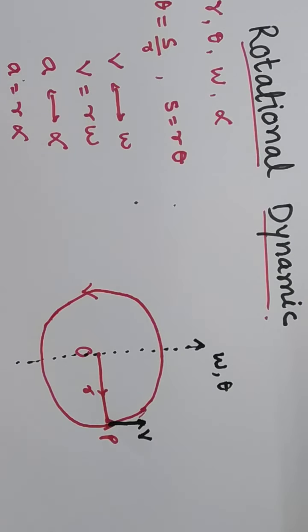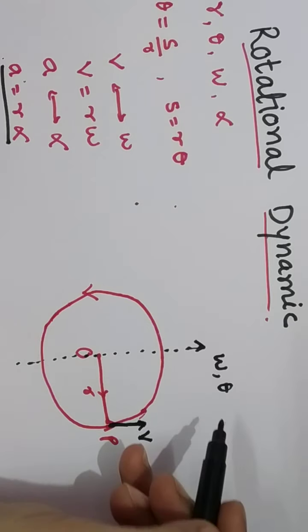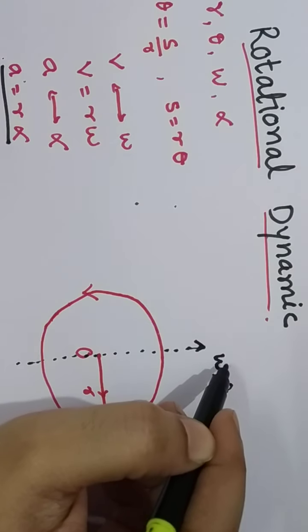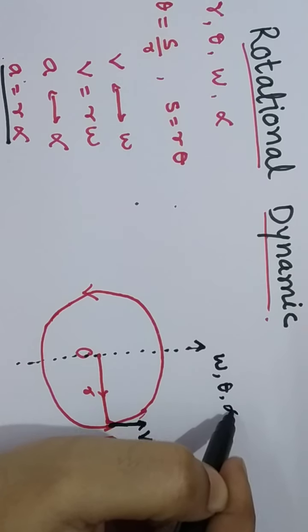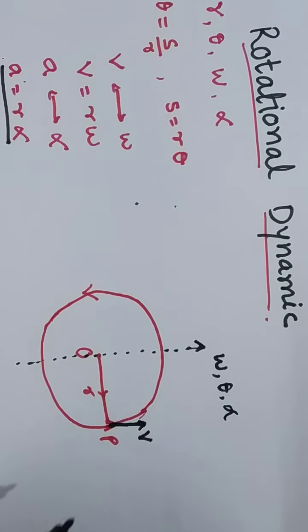So we had already seen their concept. Now let us further talk about the direction of linear acceleration. As far as the angular quantities are concerned, angular velocity, angular displacement and angular acceleration, they all are directed along the axis of rotation. Now let us discuss the direction of linear acceleration.